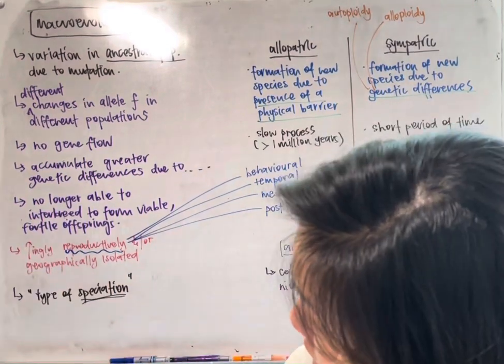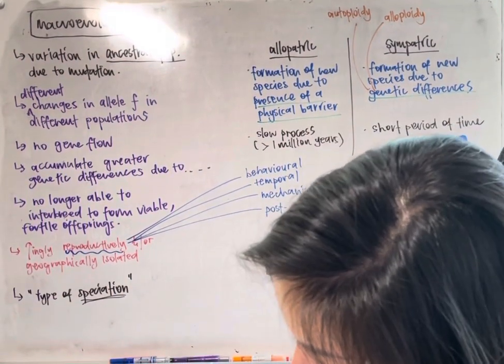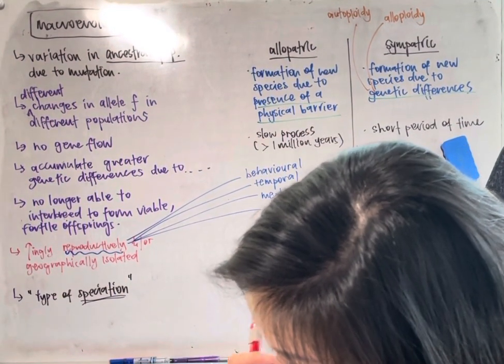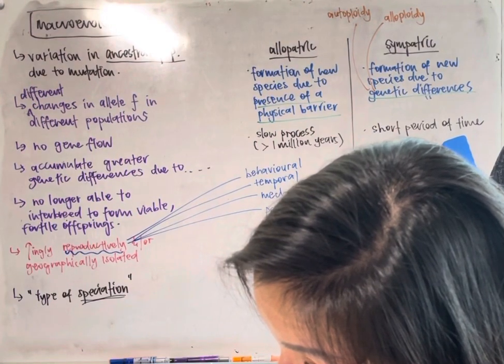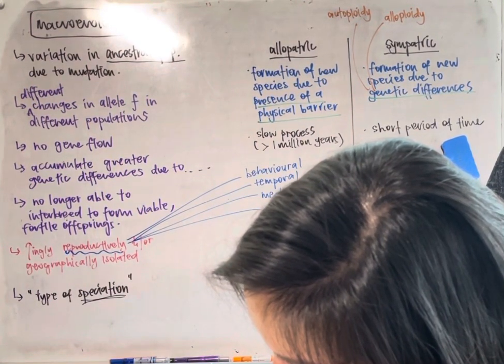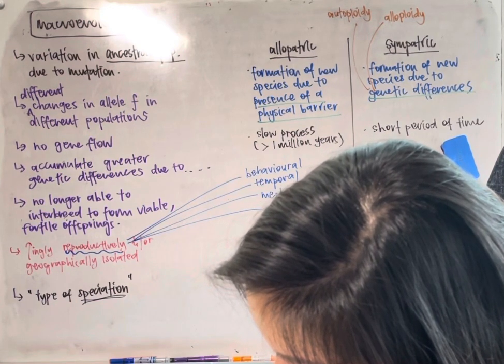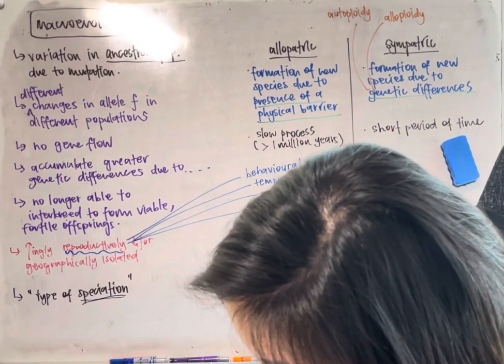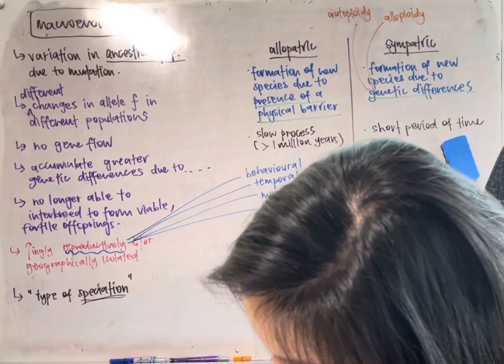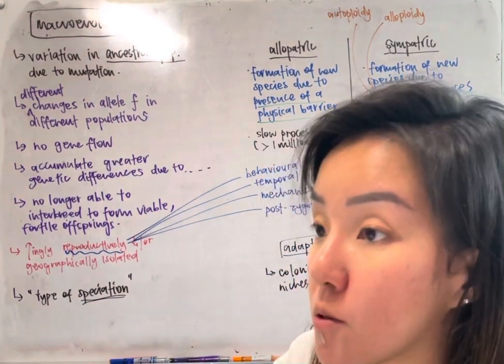That's why you can accumulate genetic differences. You understand? So at least you mentioned how they are no longer able to interbreed to form viable fertile offspring. And this is a result from Fitzpatrick. 1, 2, 3, 4, 5. So you can see I can still give you the maximum 5 marks.